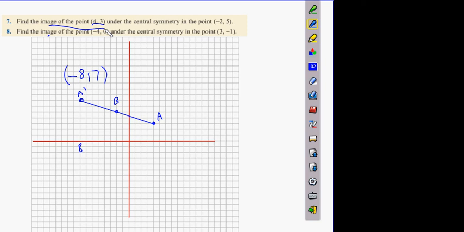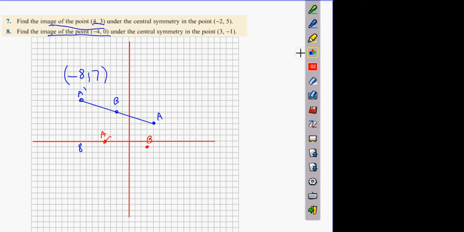So likewise, the image of the point -4, 0. The image of the point -4, 0 means that this one is the one to move. Move where? I don't know yet. Under symmetry in 3, -1, 3 across, -1 down. This is the one that's moving, and this is the one that's stationary. So once again, same deal.